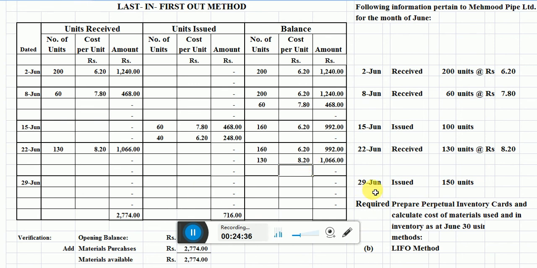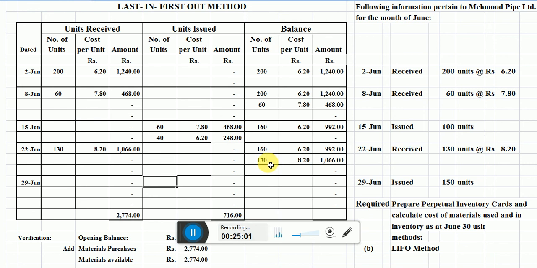Now the last transaction, on 29th June, issued 150 units. Now in the units issued column we put 150 units, but in our record the last lot we purchased is 130 units.